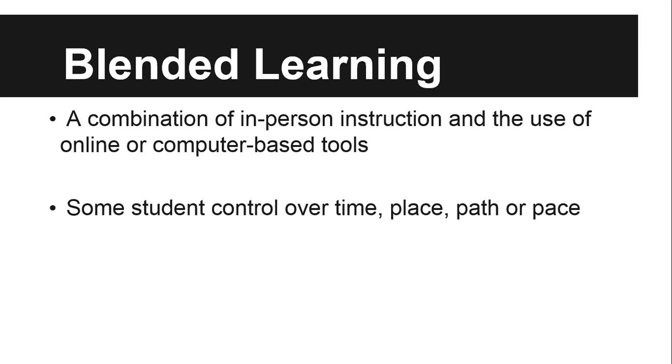A lot of the programs adapt to the students, so they take their own path to learning, they choose their path, and then pace. Many of these programs will adapt so that if students are behind, it will slow down. If they're ahead, it will advance to be up to their level.